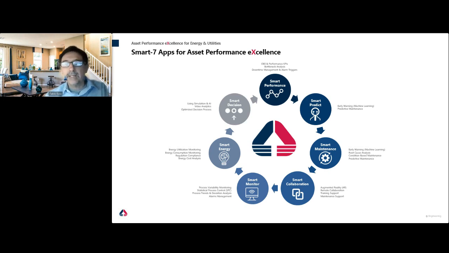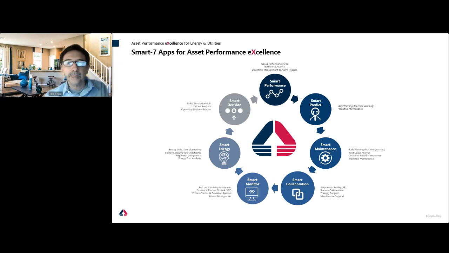I also have an example for Smart Decisions, on how we can use advanced techniques. This will be a deep dive for the next webinar of this series, but I will also give you today an introduction on how we can use simulation to support the decision process as well.